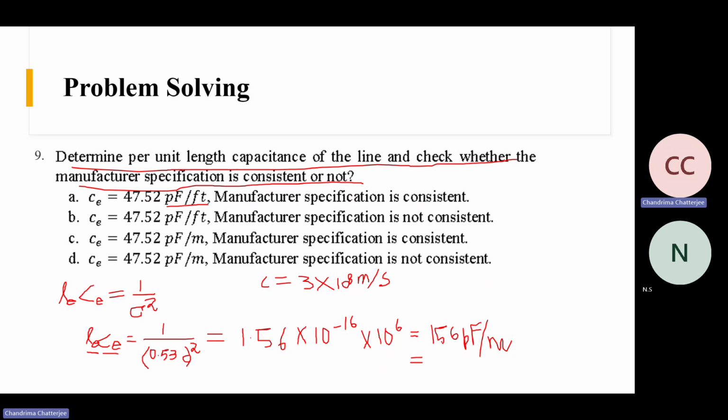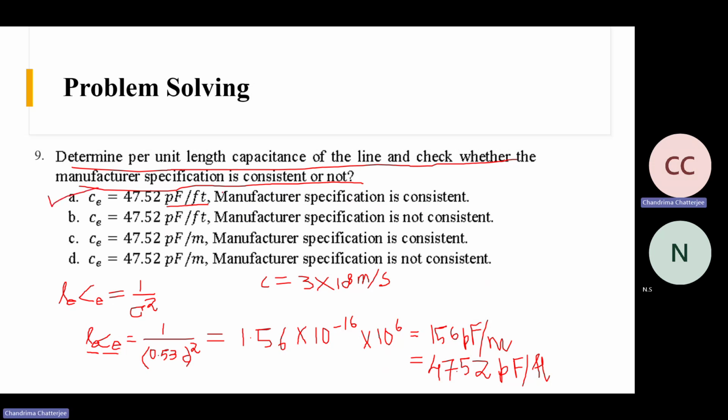If you divide it by 3.28, you will get something like 47.52. Okay. So this is in picofarad per feet. So the correct answer is option A.